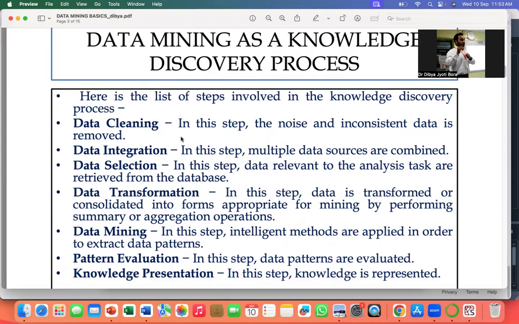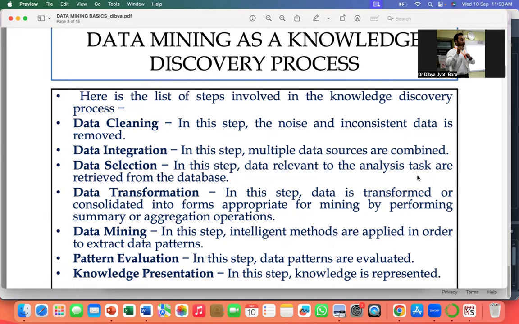Data integration. In this step, we have multiple data sources and we try to combine all of them. Means we collect data from different sources and thereby integrate them. Then data selection. See, we may have a big amount of data, but not all the data are equally important for us.